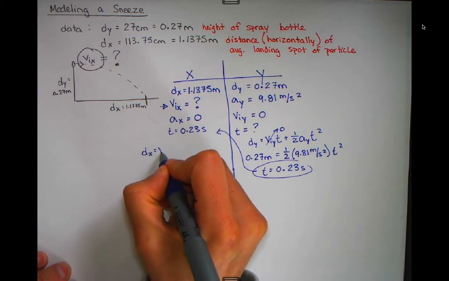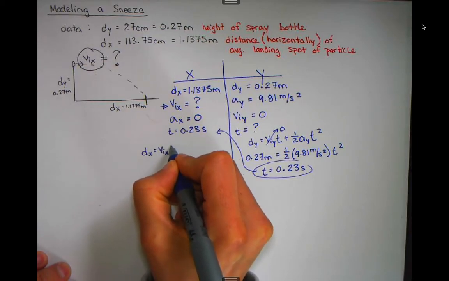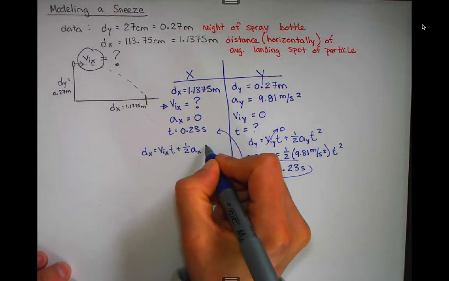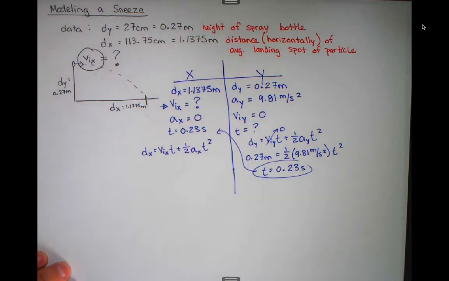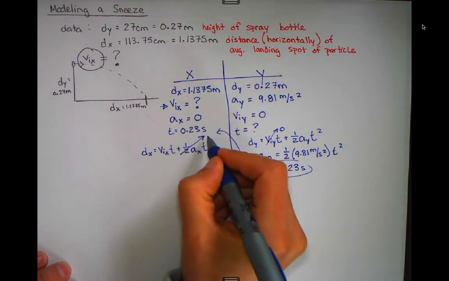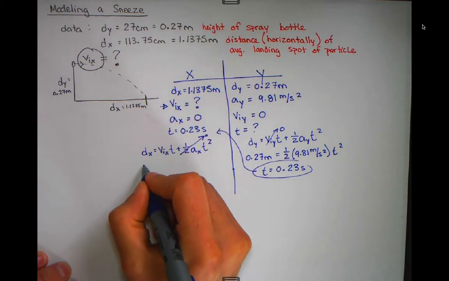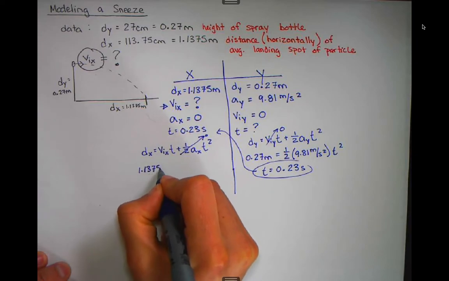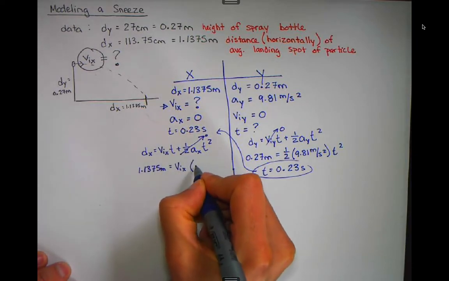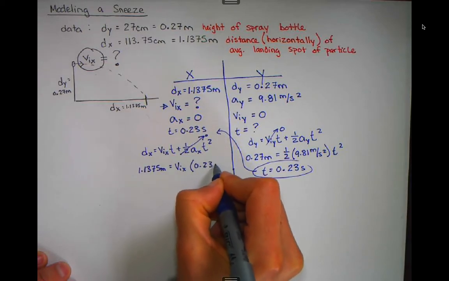So dx equals vi in the x direction times t plus 1/2 times a in the x direction times t squared. But remember, acceleration in the x direction is 0, so this goes away. So I have 1.1375 meters equals vi in the x direction times 0.23 seconds.